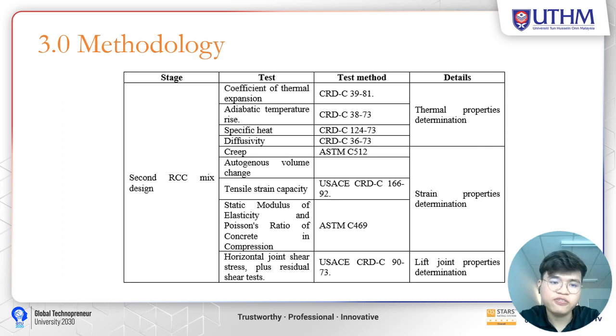So after we have finished the first stage of RCC mix design, we will select one or more mix designs to be further studied. In the second stage, we will do a more detailed study on thermal properties, strength properties, and lift joint properties determination.